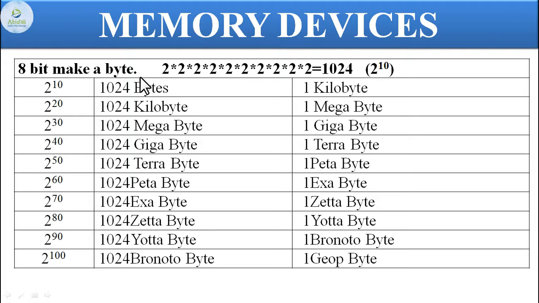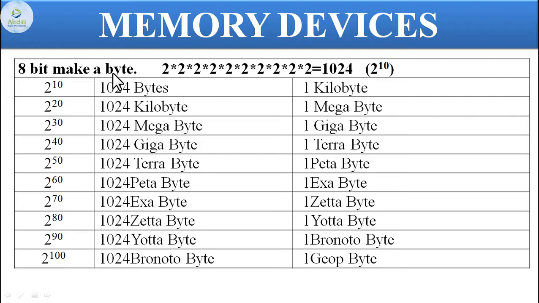Any combination of zeros and ones, 8 bits, makes a byte. If I write 11001100, that makes 8 bits. So 8 bits formed together form a byte.